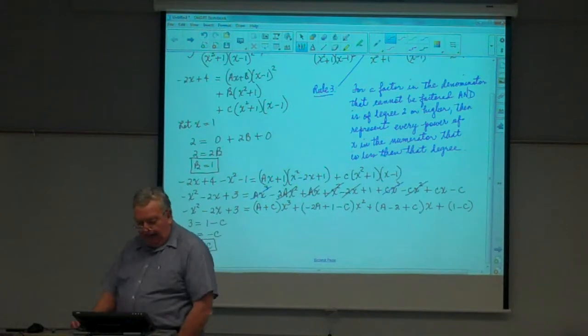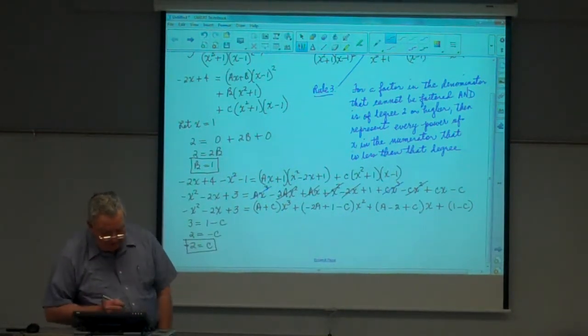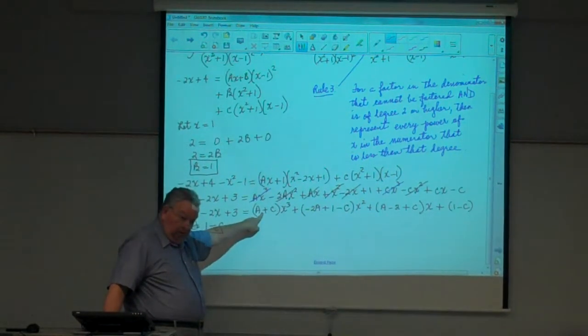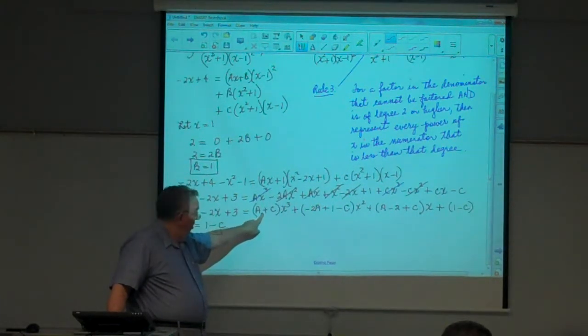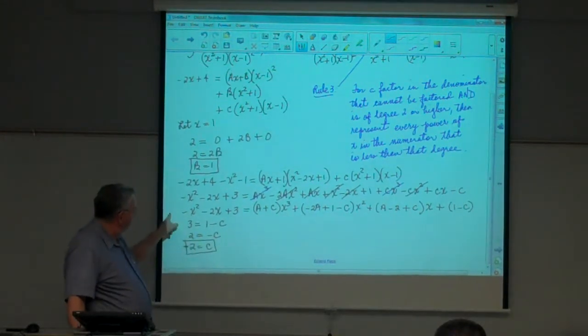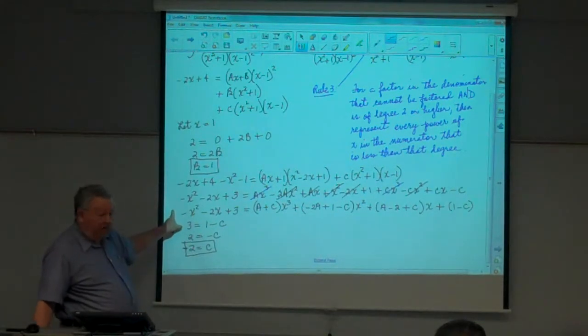Now, I know that c is equal to minus 2, but what'd you tell me about this? What is this equal to? 0. Well, I had 2 or 3 telling me this a minute ago. What's the power of x cubed over here? 0.